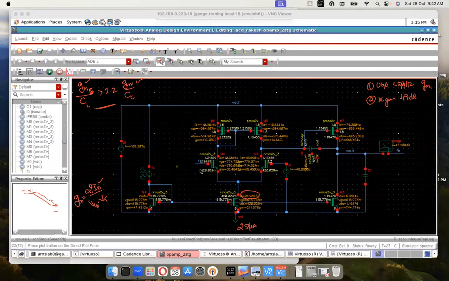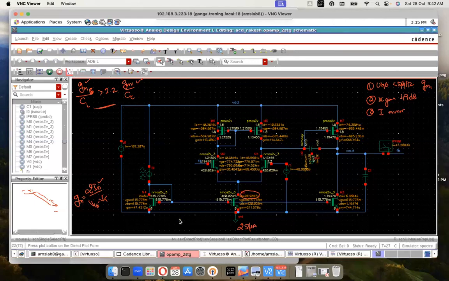Let me just edit some of the things here. First thing here, current mirror, right? So the first thing we try to improve is the current mirror. Why? Typically, almost all the problems may get solved because of the current mirror only.